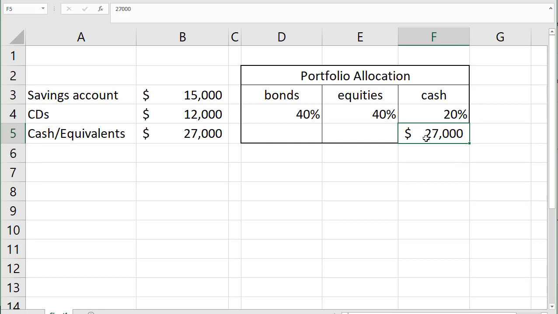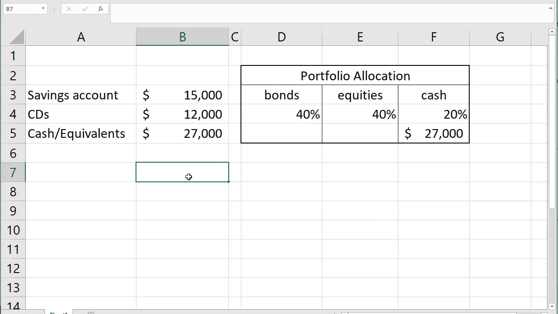So I'm going to take this $27,000 in cash and figure out what the total portfolio is worth. I'm going to do that by understanding that 20% is 1/5 of the entire portfolio, just because 20% is 1/5 of 100%.